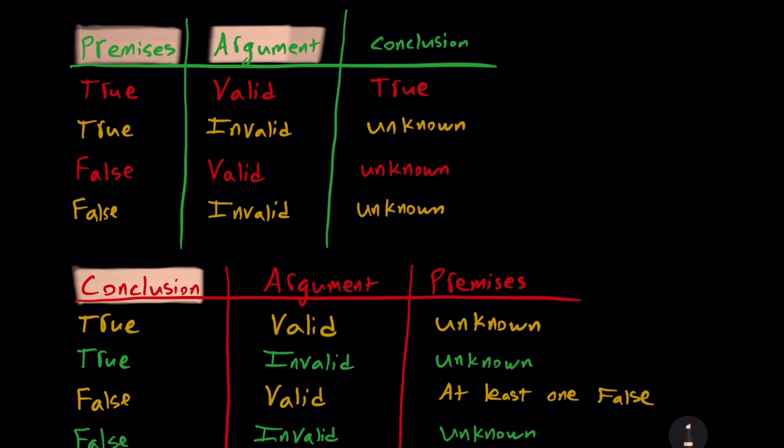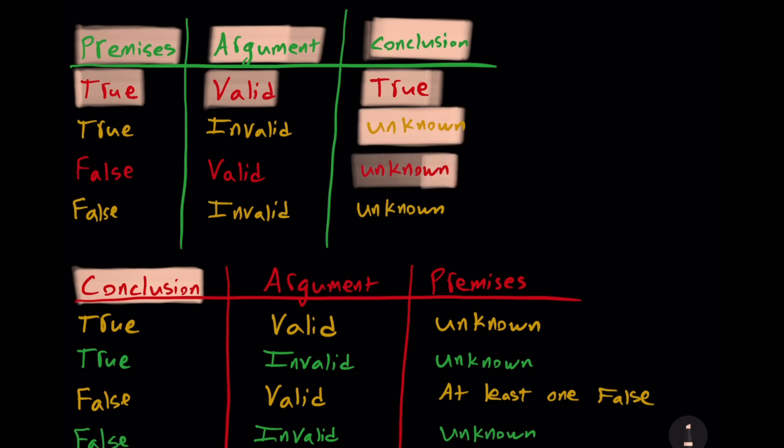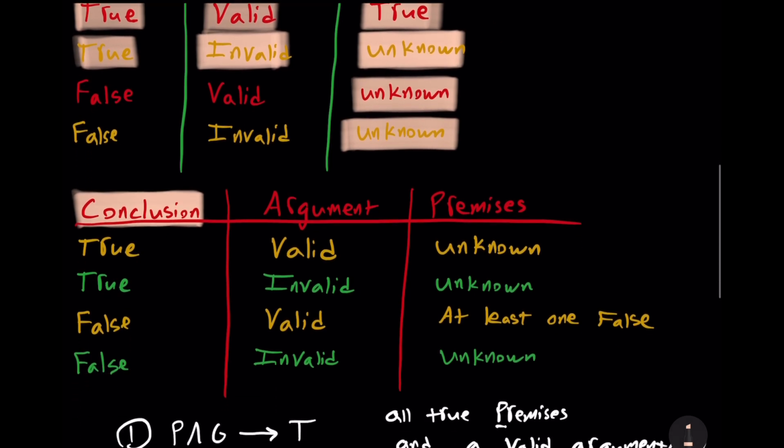Well, in fact, we've already done that. So if we have true premises, a valid argument, then the conclusion is guaranteed to be true. But in all other cases, the conclusion's truth value is just going to be unknown. So if we have true premises, invalid argument, the conclusion might be true, it might be false. We don't know.